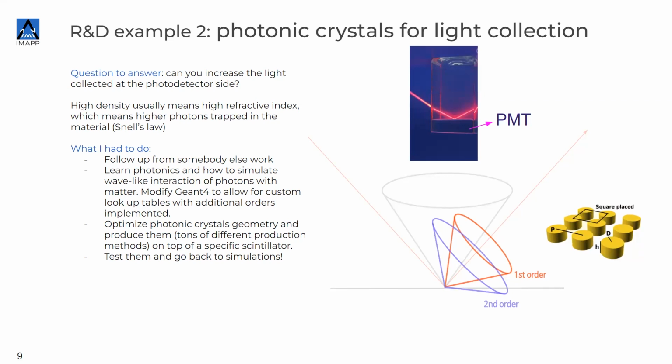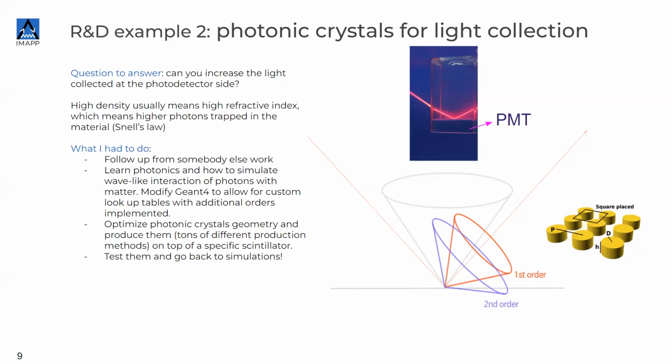So I found somebody else's work, I put it together, I tried to emulate as much as possible, and then from that point on, I developed my own method, which was specific to the case that I had in the lab. So once again, I had some LYSO crystals like the one I had before. I put together my own simulation, working along with Geant4, which is just a ray tracer, a Monte Carlo simulator, to cope with the fact that Geant4 is not able to do photonic simulation, so it's not wave-like, it's just particle-like.